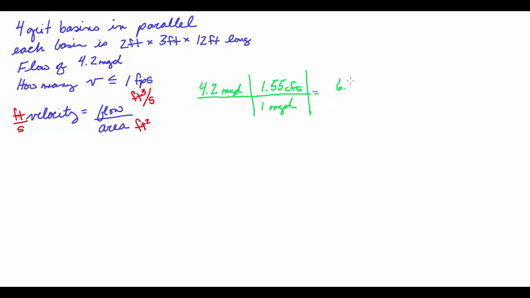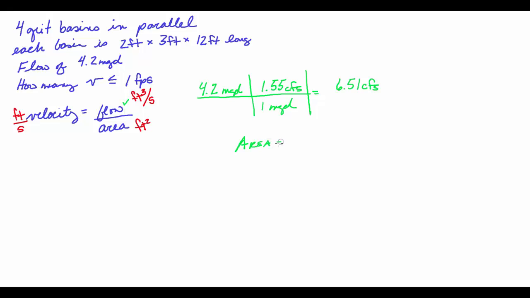Okay, so this works out to be 6.51 CFS. So we've got this piece, right? We've got flow, so now we need to find the area.